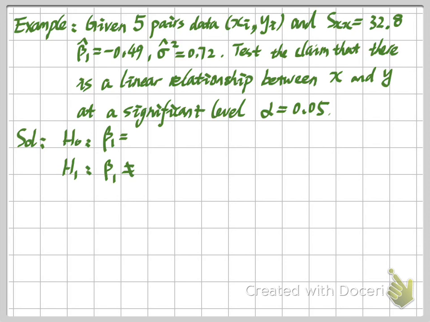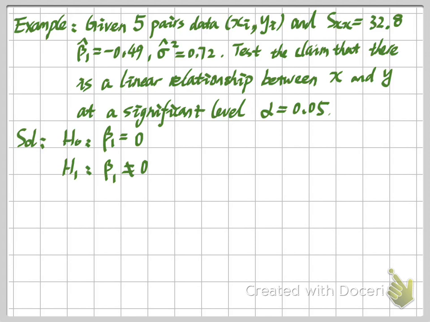In general, we write beta 1 is equal to 0, or beta 1 is not equal to 0. We use this to test whether there is a linear relationship or not. This is how we decide our hypotheses: we always use the constant 0 for the linear relationship.